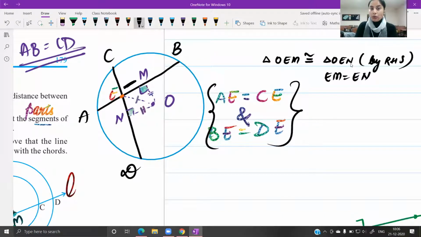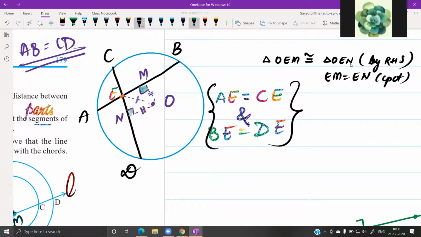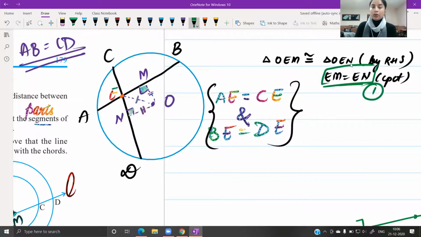EM is a portion of AB and EN is a portion of CD. So somehow with the help of this equality, I will be able to reach the one I need. For this, I'm going to use this particular concluded equality. The second result we will use is that since the chords we have here are equal, we can talk about their halves being equal.